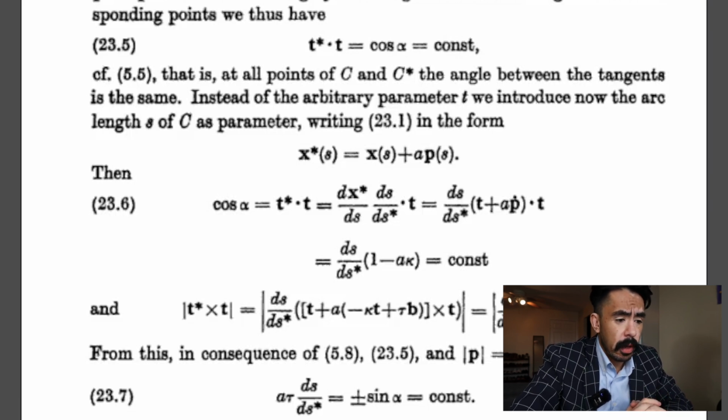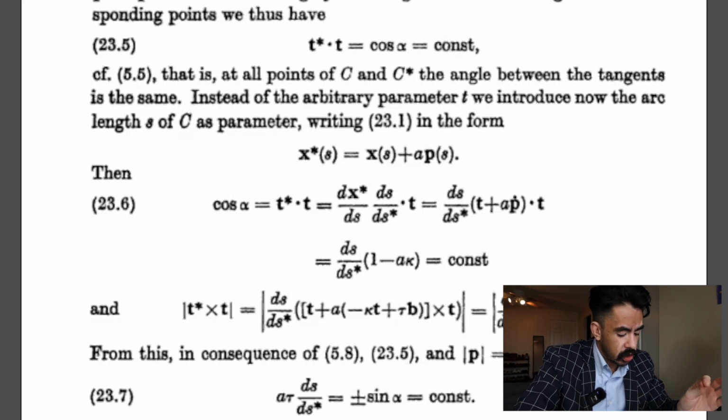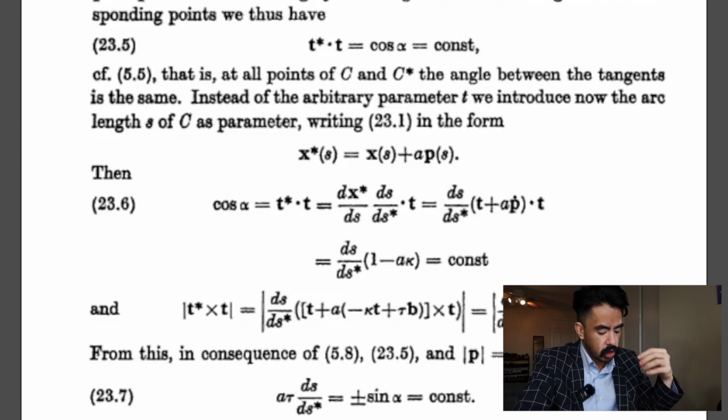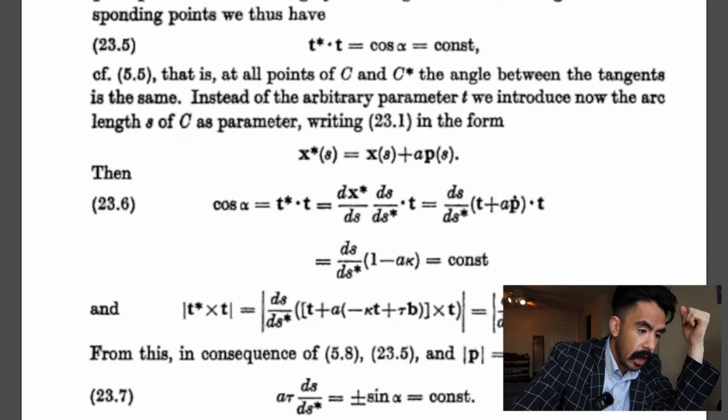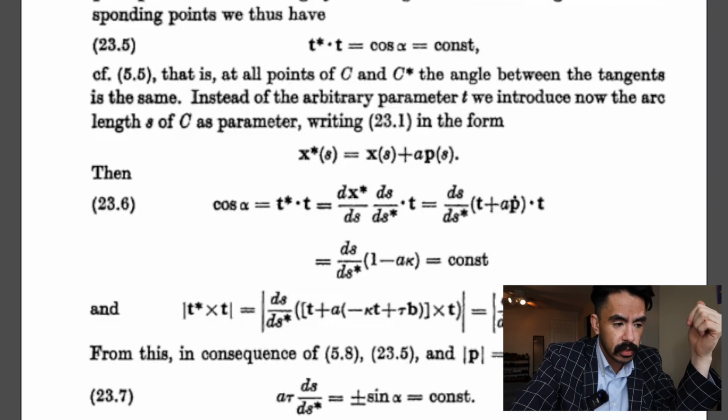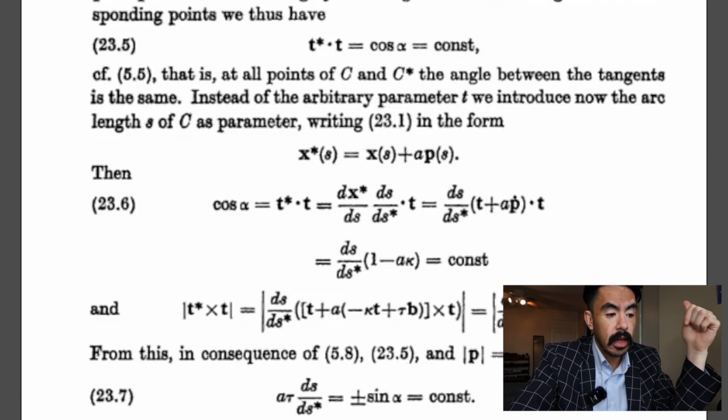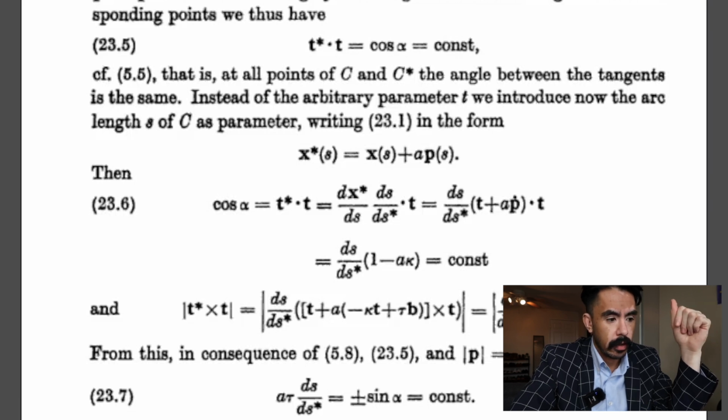Instead of the arbitrary parameter t, we introduce now the arc length s of C as parameter, writing the formula of the Bertrand curve of a given curve in the form x star of s is equal to x of s plus a times p of s.